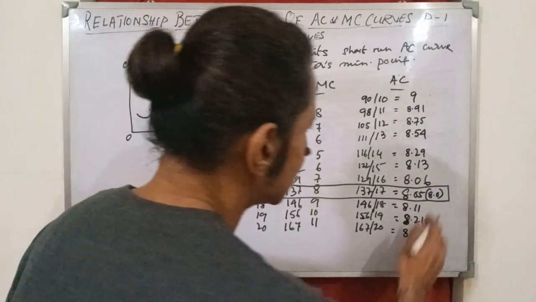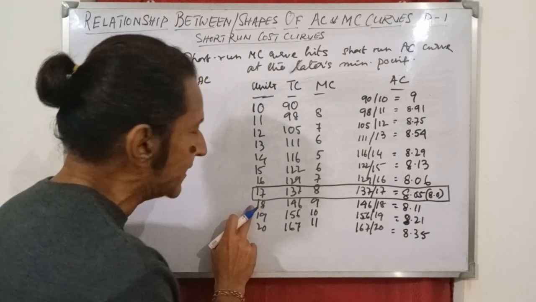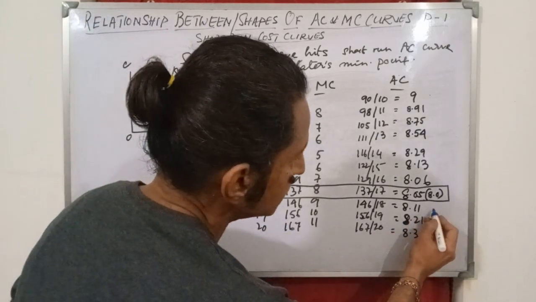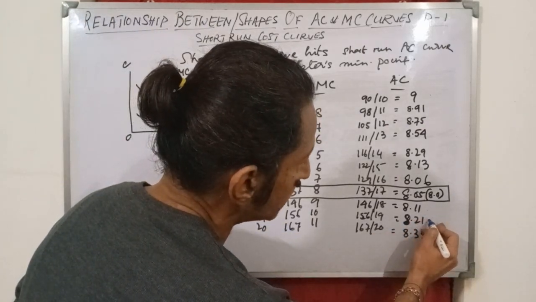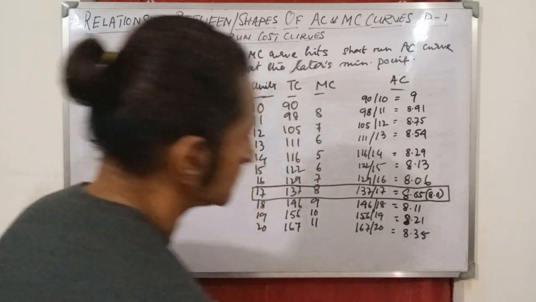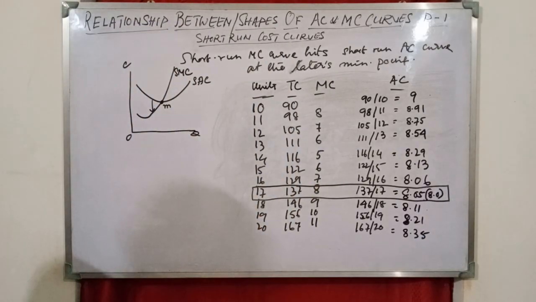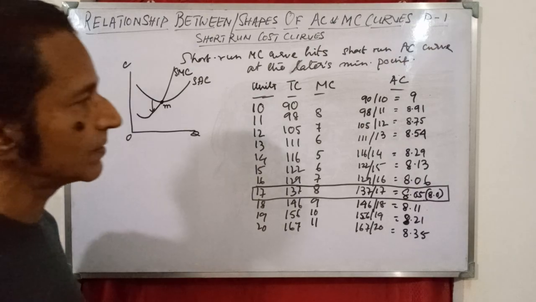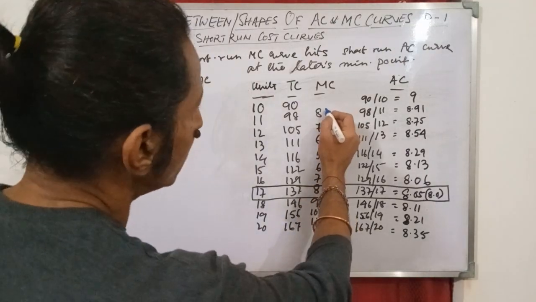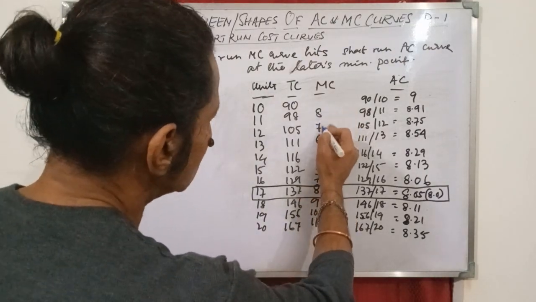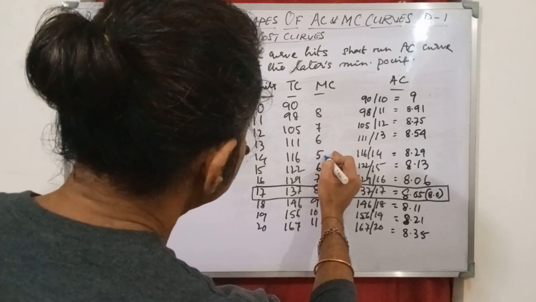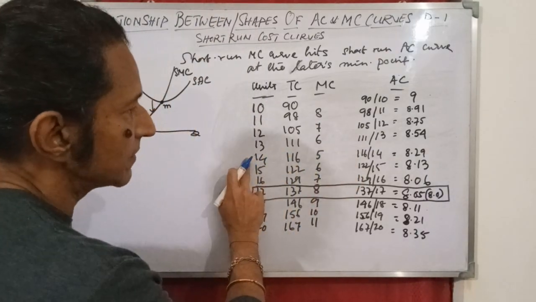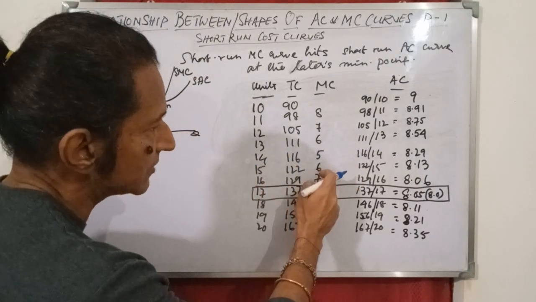And after that, that is from 18 units, the average cost is increasing, 8.11 to 8.21 to 8.35. On the other hand, marginal cost is falling from 8 to 7 to 6 to 5. That is still 14 units. After that, marginal cost is increasing.